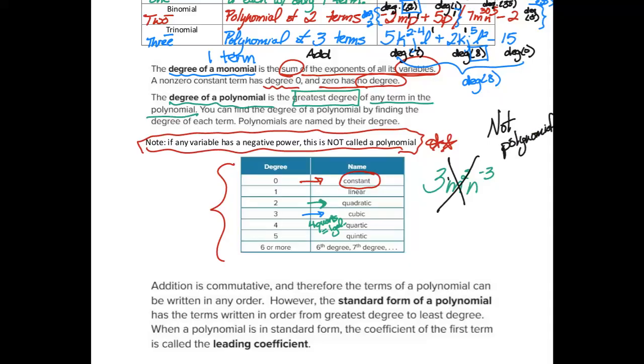It says right here, if it has a negative power, negative exponent, it is not a polynomial. Now, even if you try to fix that, it's 3m to the second divided by n to the third, but you cannot have that either, because if we were to write it, it would be a negative exponent. So this is not a polynomial either. Not a polynomial with a negative exponent, and not a polynomial with division.